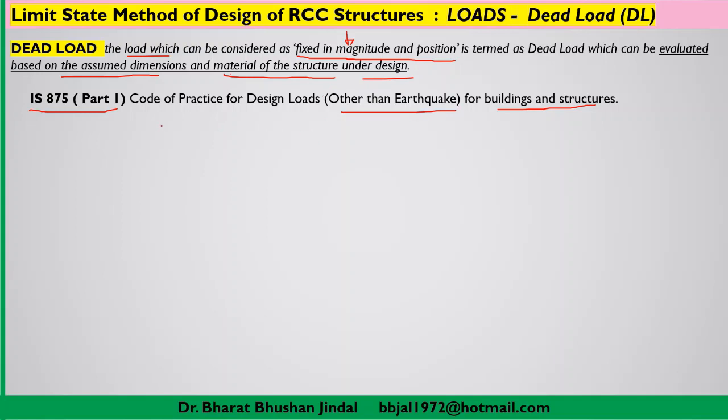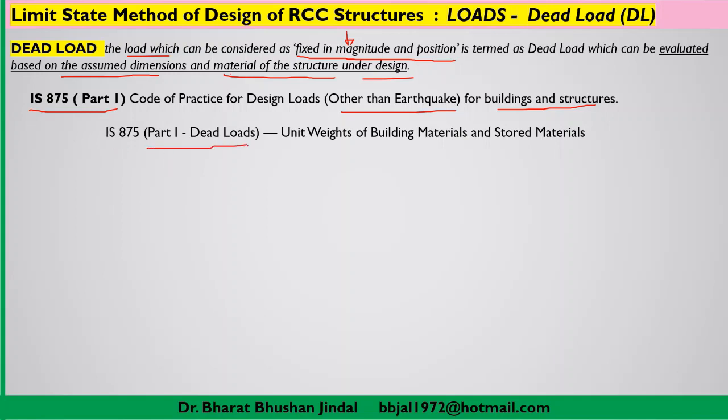So for that you can refer to the guideline mentioned in IS 875 part 1. IS 875 part 1 is for dead load, and you can collect the information regarding unit weight of building material and stored material.